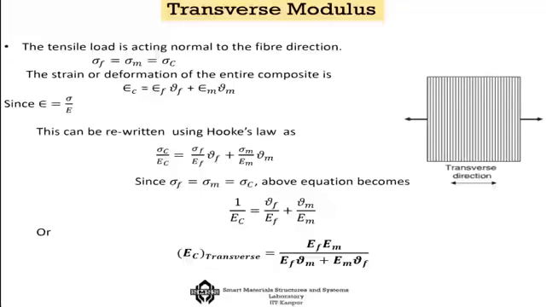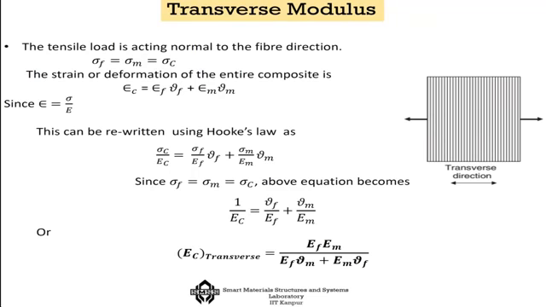In this particular case, the tensile load is acting normal to the fiber direction. Since the same load is passing, the stress is the same now: sigma f equals sigma m equals sigma c. So you can write that sigma c over Ec is sigma f over Ef Vf plus sigma m over Em Vm, and since sigma f equals sigma m equals sigma c, I can cancel all of them.